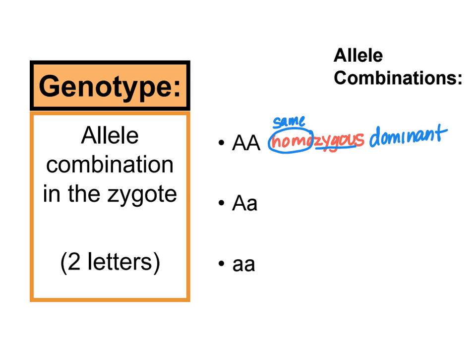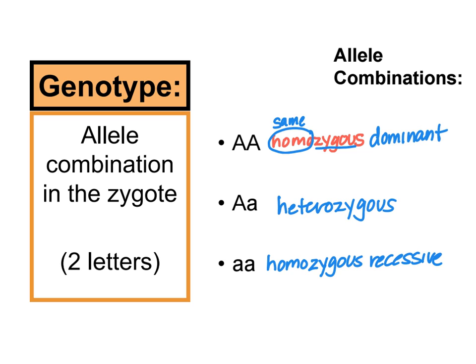Do you see the second homozygous combination? If the zygote gets two recessive alleles, we call it homozygous recessive. Our last genotypic combination is a big A, little a. We refer to this as a heterozygous combination, hetero meaning mixed in the zygote, and we don't need to have a dominant or recessive afterward because it has one of each.